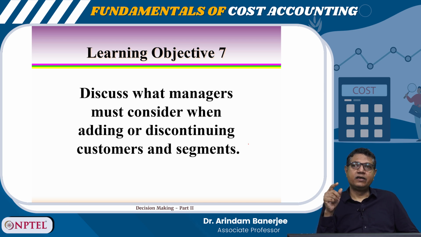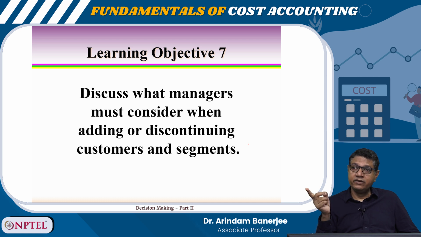So, what is the rule? The rule is, first, it should be futuristic. This cost is getting affected by my decision of accepting or not accepting the Sri Lankan order. If I accept the Sri Lankan order, my total variable cost will increase. When will it increase? In the future. So, it is fulfilling the first condition, that it has to be futuristic.